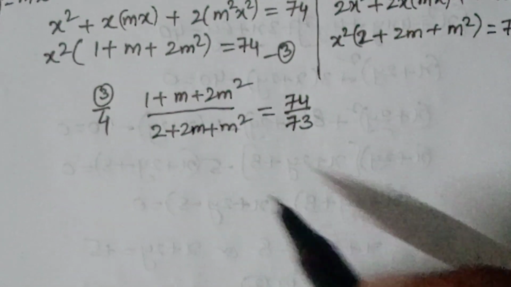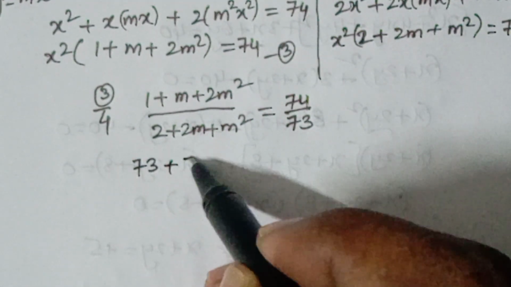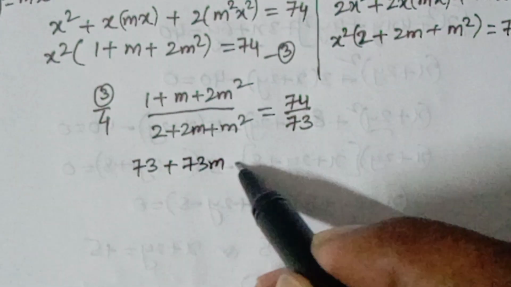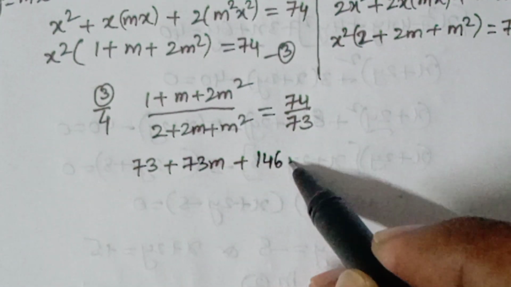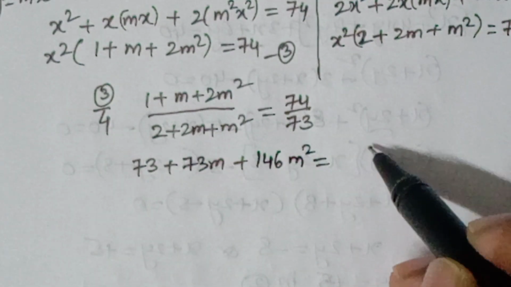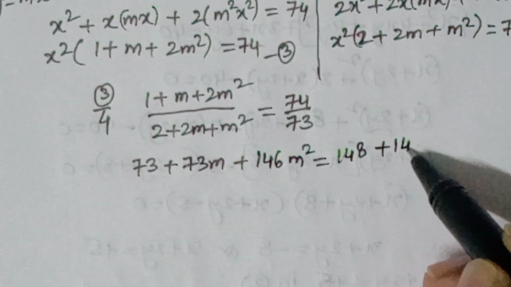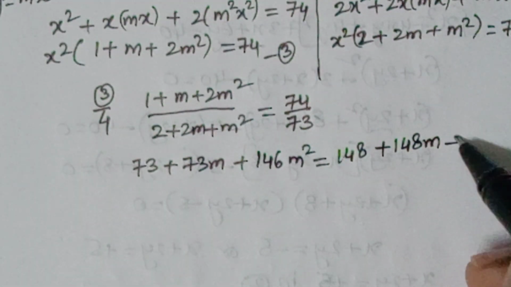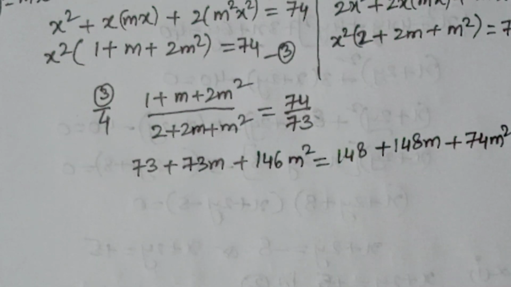So here what will we get, cross multiply: 73 plus 73m plus 146m square is equal to 148 plus 148m plus 74m square.